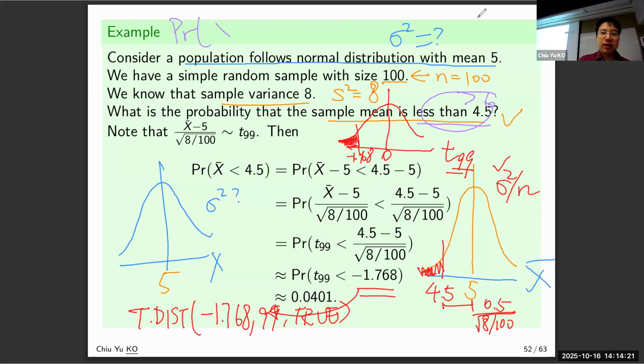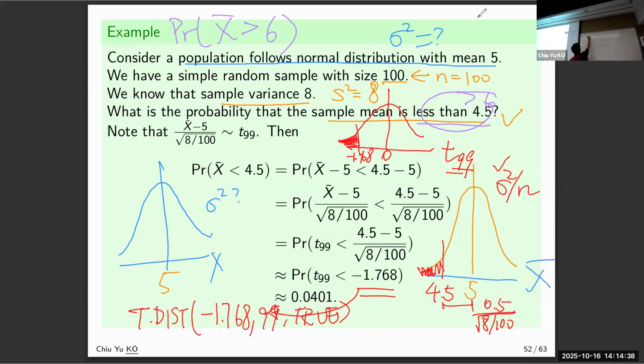What's the probability that X bar is more than 6? Let's try this, and I'll write it down here. We'll do this after the break.